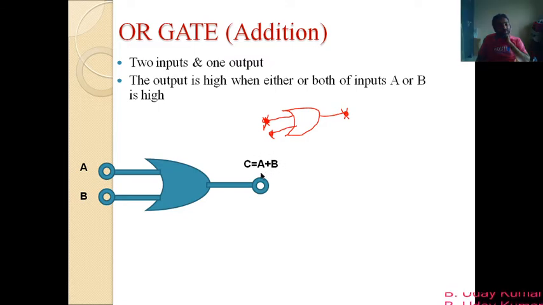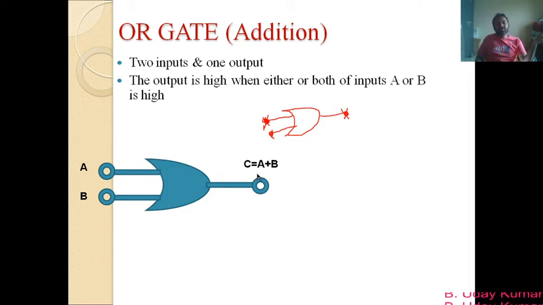This A plus B we call the logical equation of the OR gate, where that plus is nothing but the logical function of the OR gate. Plus is the logical function which we call addition, and A plus B is the mathematical representation of the output in terms of inputs.